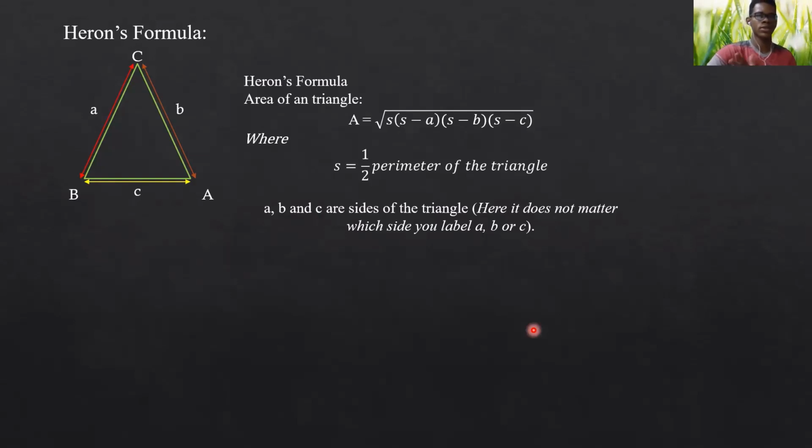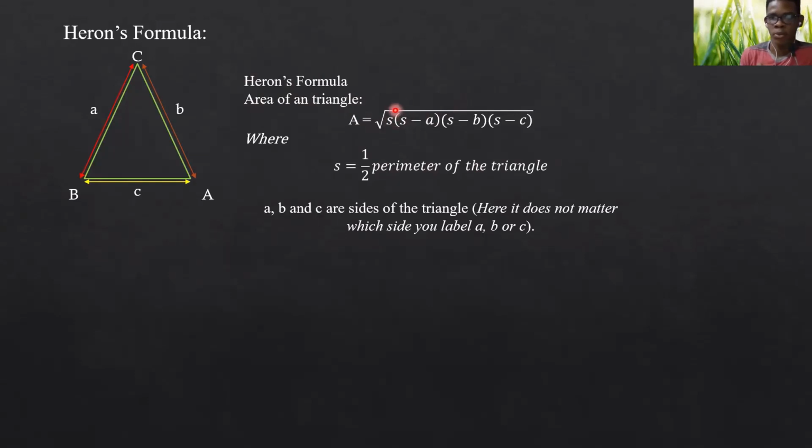So the first one we're gonna go through is what I believe is the most taxing one first, and that's Heron's formula. Now, Heron's formula says that the area of a triangle, A, is equal to the square root of S, and this variable S is half of the perimeter of the triangle. So you need to find the perimeter of the triangle divided by 2, and that will give you the value of S, right?